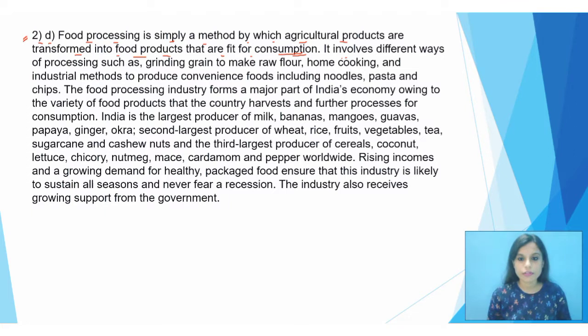It involves different ways of processing, such as grinding grain to make raw flour, home cooking, and industrial methods to produce convenience foods, including noodles, fast food, pasta and chips. The food processing industry forms a major part of India's economy owing to the variety of food products that the country harvests and further processes for consumption.